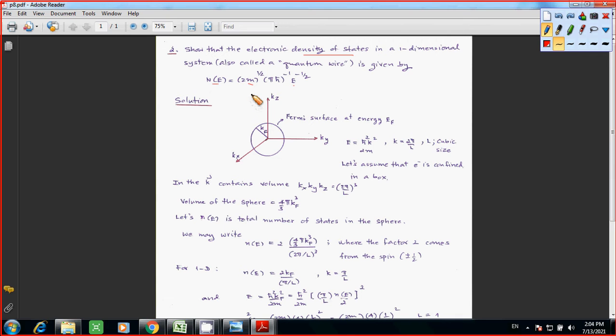Let's see what they are looking for. They want you to prove the density of states equals this expression.